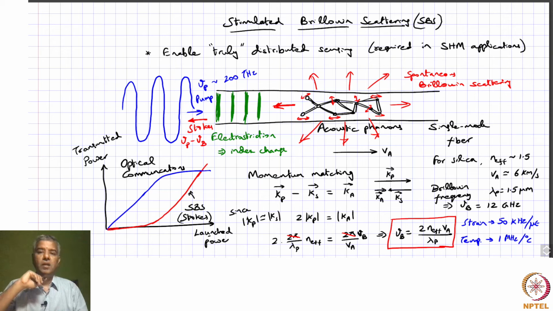But nevertheless, what we have hopefully established through this discussion is that SBS, stimulated Brillouin scattering, is a good way of picking up changes in strain and temperature. It is essentially a wavelength modulated sensor, or you can call it a frequency modulated sensor, because we are looking at changes in this frequency nu b as a function of strain or temperature. So it gets encoded.